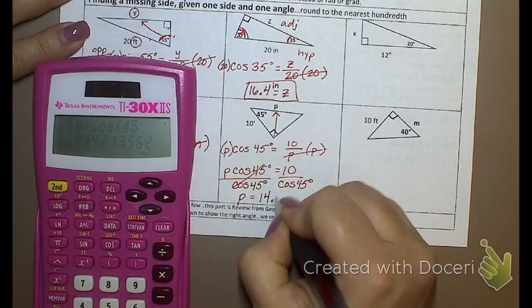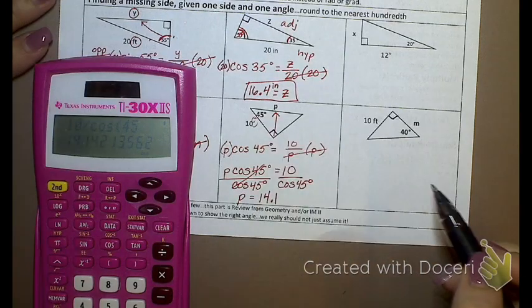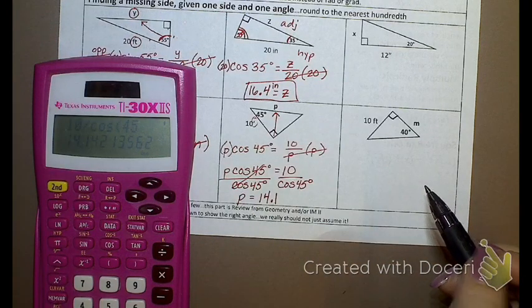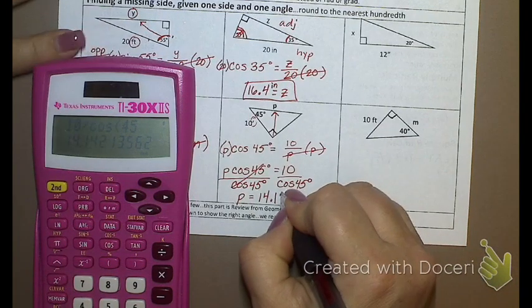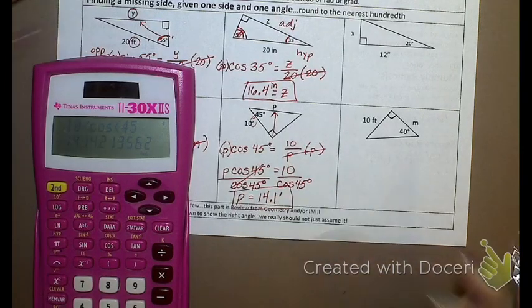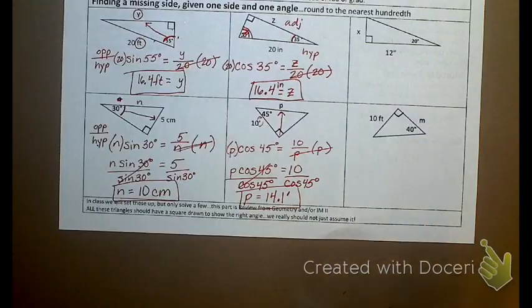14.1. And I always forget whether it's one apostrophe that's inches or feet or whatever. I'm just going to use the same notation that they do and give it one apostrophe. Is that what you got? Okay, keep going.